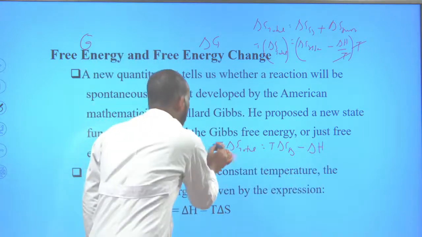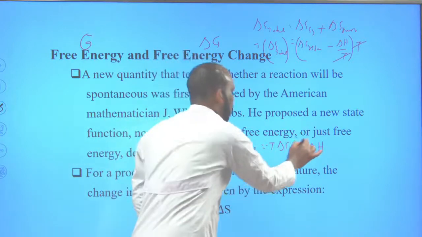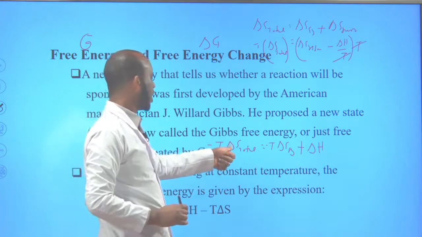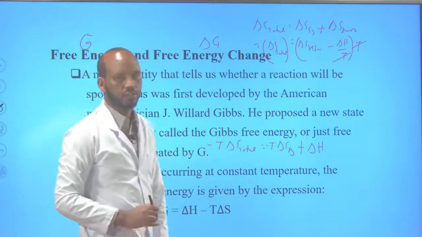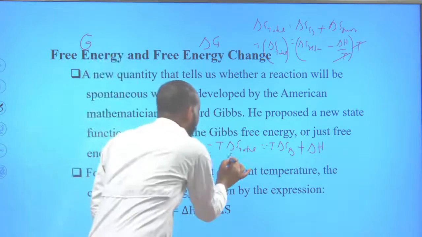Now this becomes minus T times delta S plus delta H. Minus T times the total entropy change is the Gibbs free energy change, denoted by the symbol delta G.